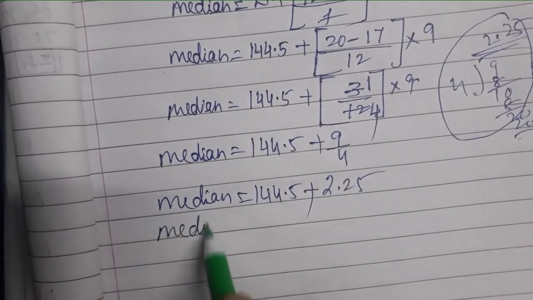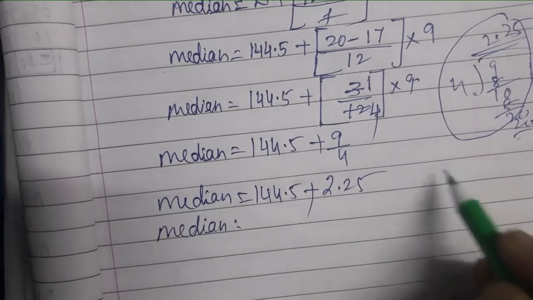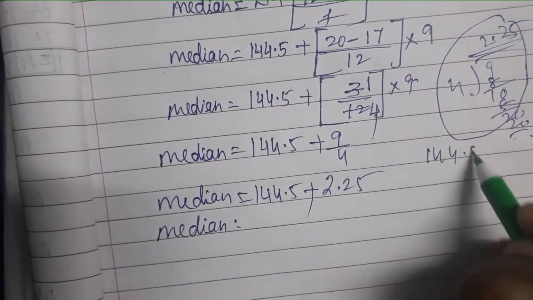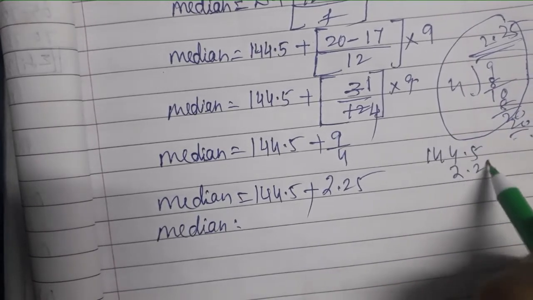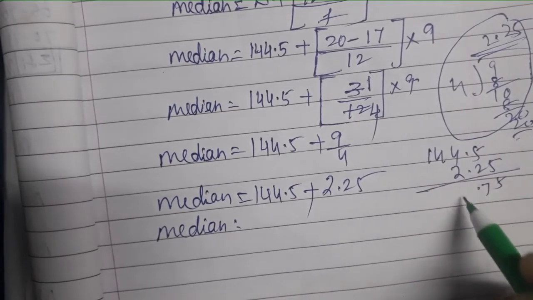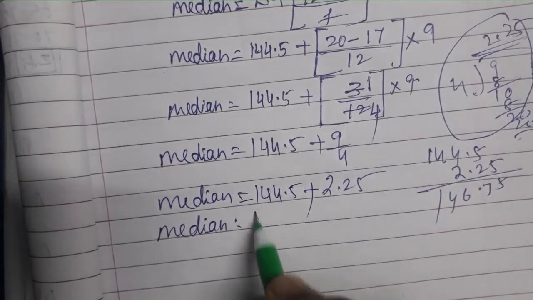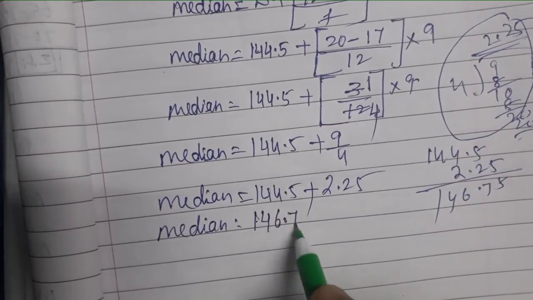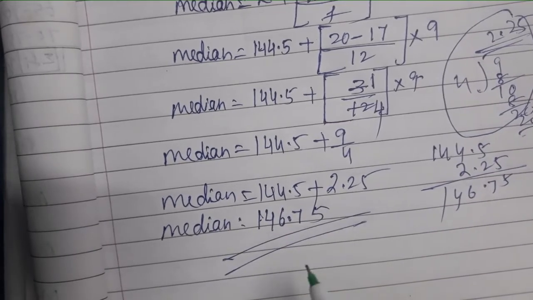So median is equal to 144.5 plus 2.25, that is 146.75. This is the median of the given class interval.